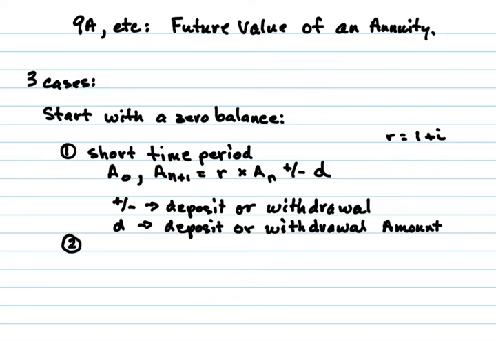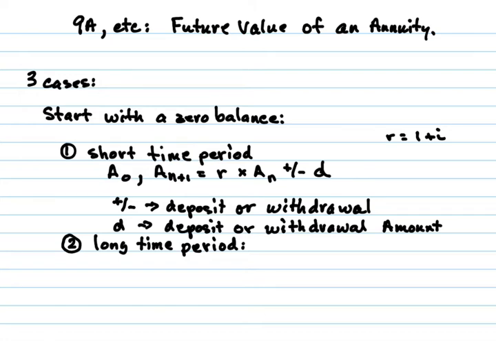Now, second case. Again, this is if the balance begins at 0. If the balance begins at 0 and you want to see what's happening over a long time period, then we're going to use the formula for future value of an annuity, which you've seen before.